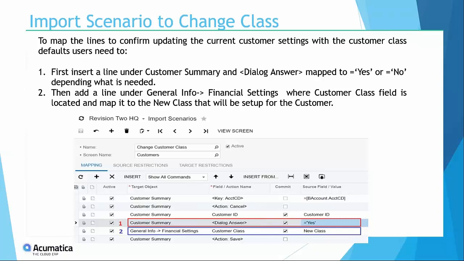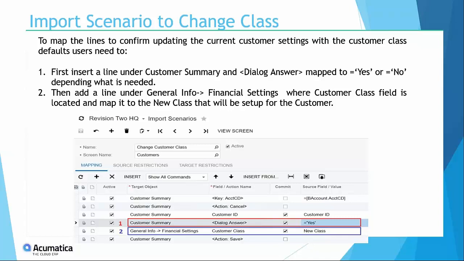And depending on what we need, to either keep the previous settings or the default settings for the previous class, or we don't, we can specify yes or no. Then below, under general settings, this is where the customer class is defined. We need to map the new class that is the one that we have in our data provider.